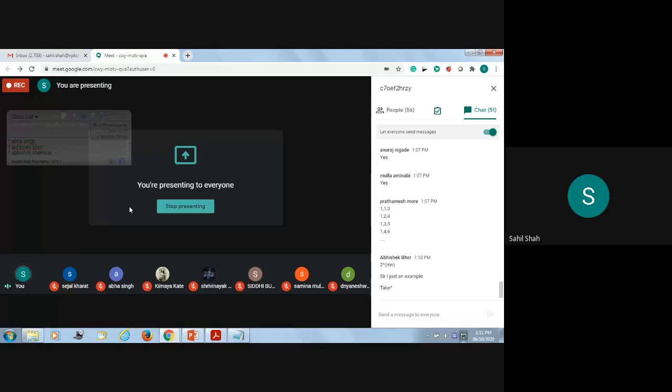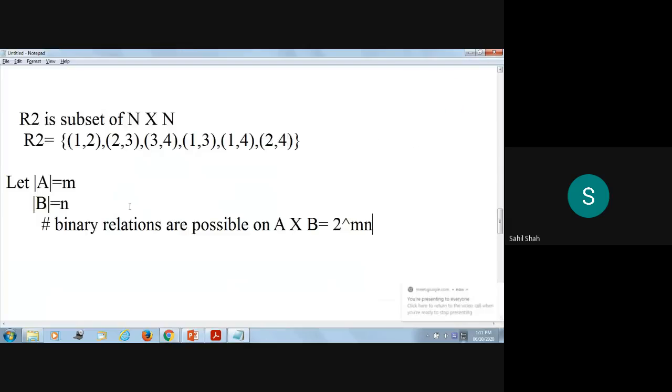Your example seems to be correct, isn't it? But why is it correct? That is my question. The total number of binary relations possible on the Cartesian product of two sets A cross B will be 2 raised to the multiplication of the individual cardinality values. Nothing else. But how come? How can you prove this?